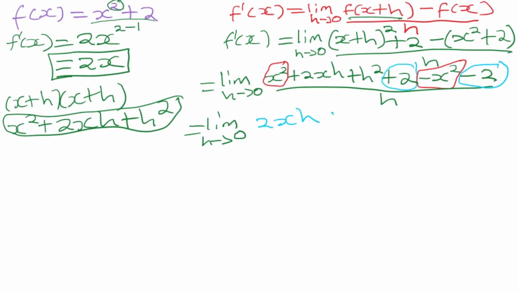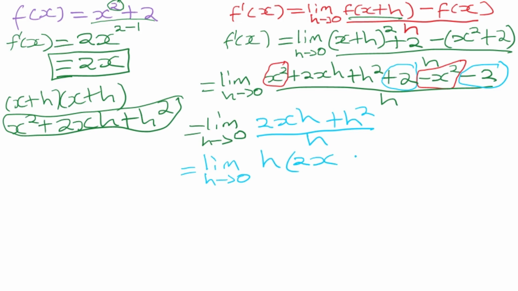2xh plus h squared, all of this divided by h. So what we can do now is to take out the common factor. The common factor is h, so if you take h as your common factor, you will have 2x plus h, all of this divided by h.